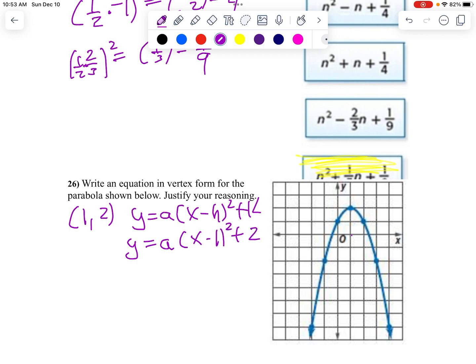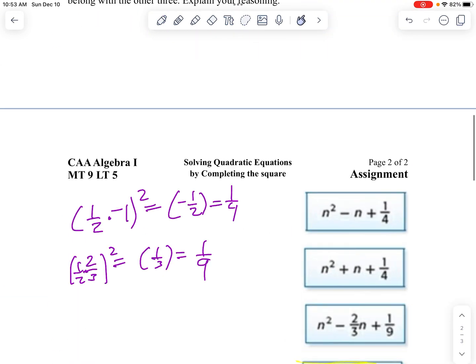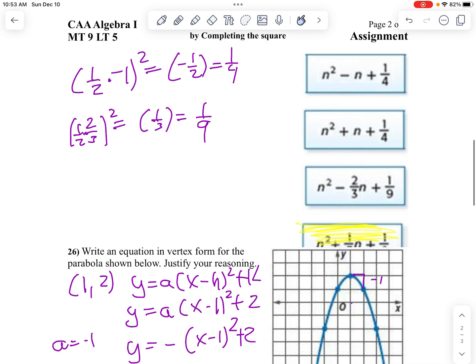Now notice, when I go over 1 from my vertex, I go down 1. So my a value is negative 1. So I'm going to say y equals negative x minus 1 squared plus 2. And that's the whole assignment, isn't it?